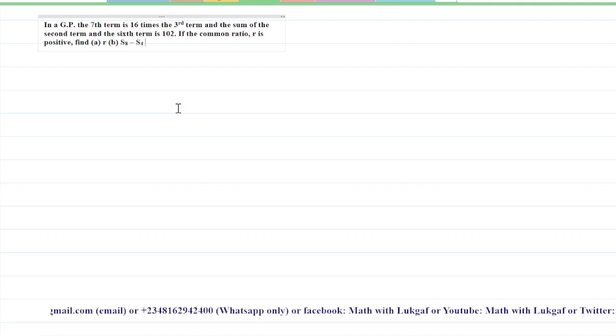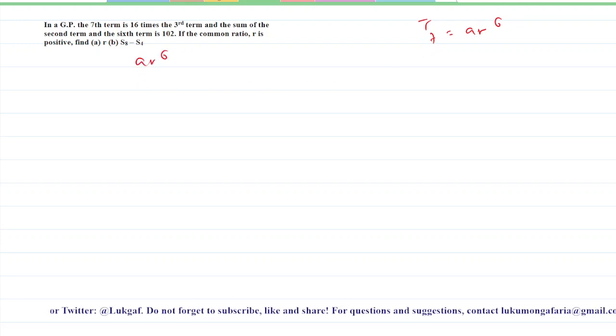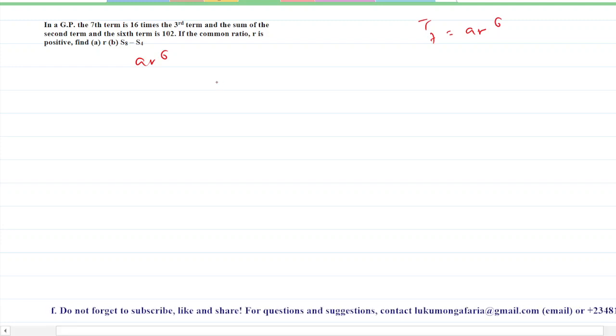Don't forget, in a GP, what is the seventh term of a GP? Recall it is T7, and with what I've explained, you first of all write AR and you subtract 1 from this. That's AR raised by 6. Then I'm going to have AR raised by 6 is equal to 16 multiplied by the third term.